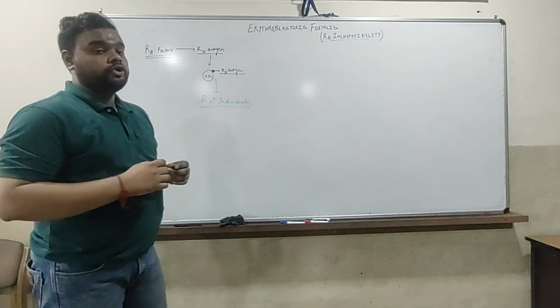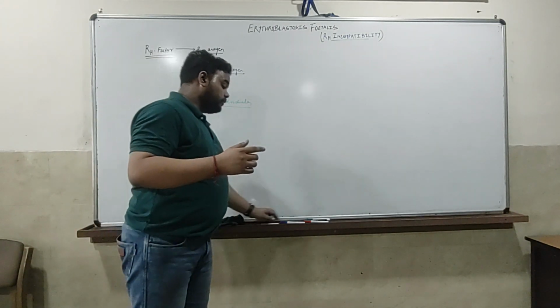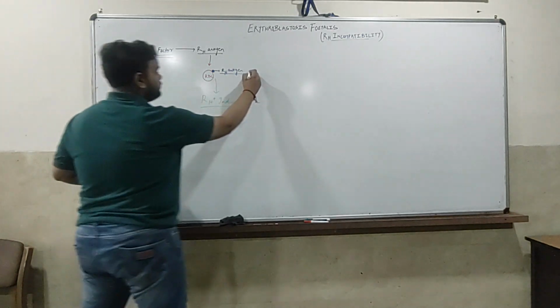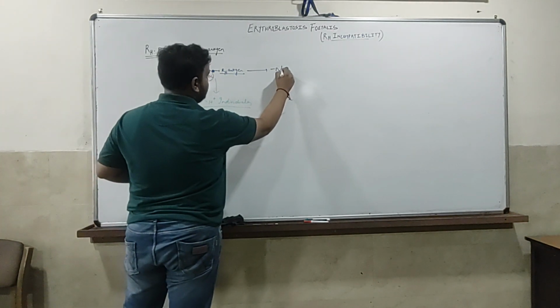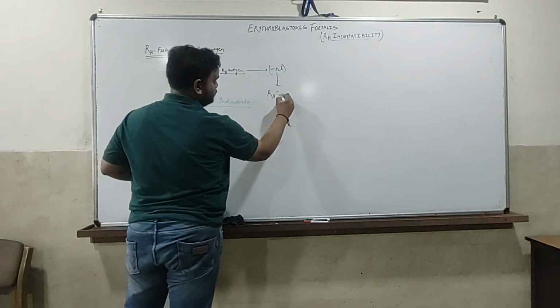And the persons who do not have this RH antigen on the surface of the RBC, they are called RH negative individuals.